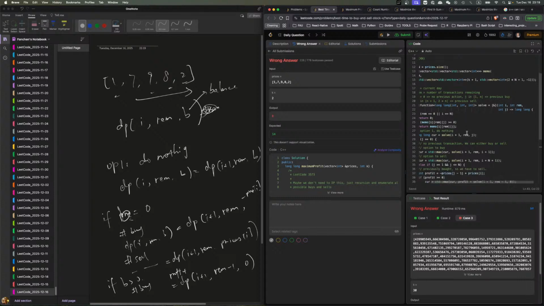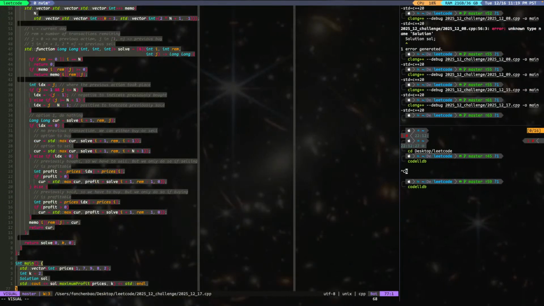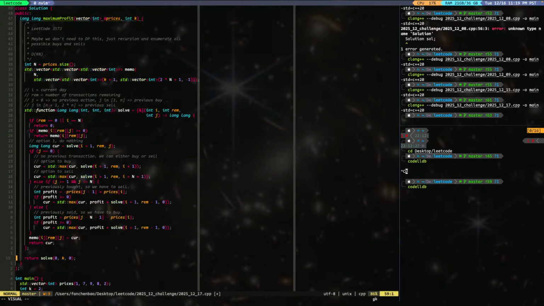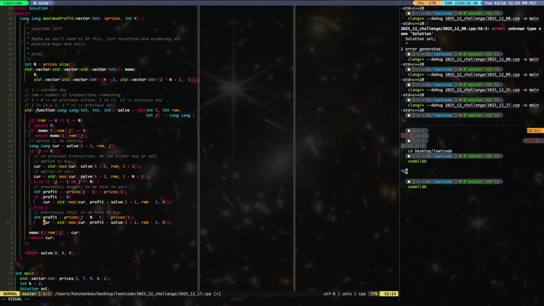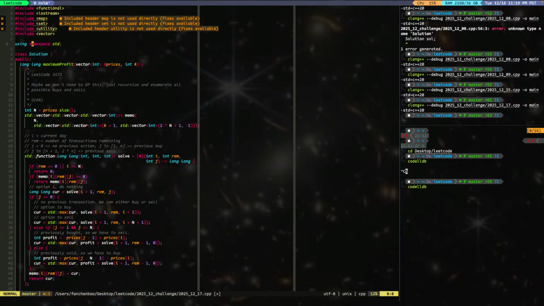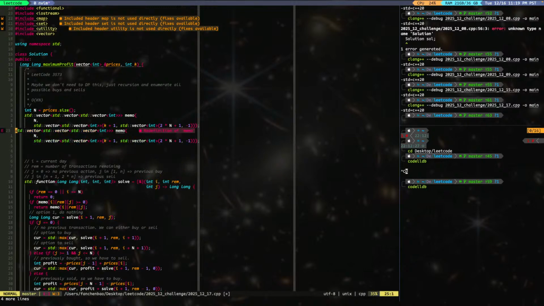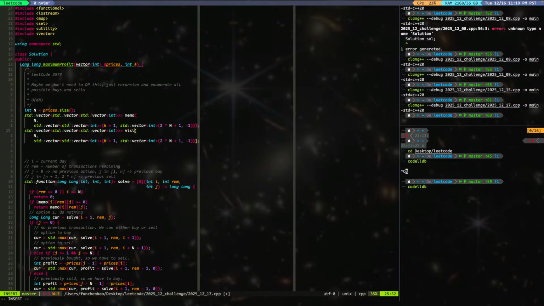Okay, I can think of another way to do this. We have to do that, and we'll use another one. So we set up one as memo, and the other will be, let's call it visited. This is going to be a boolean.